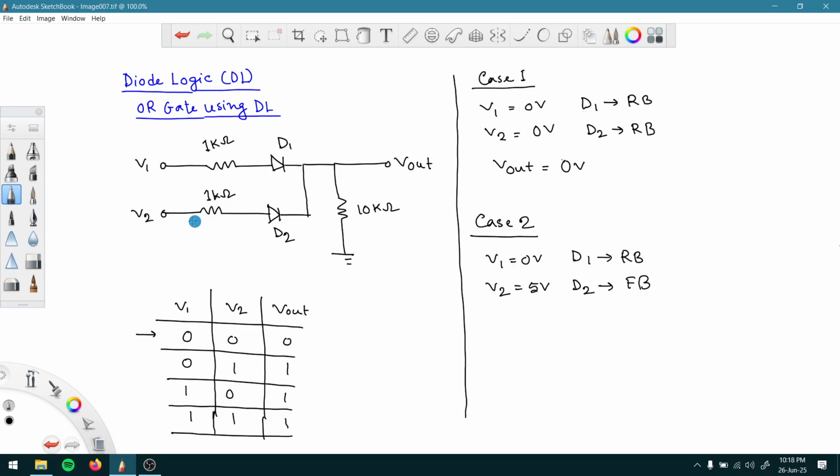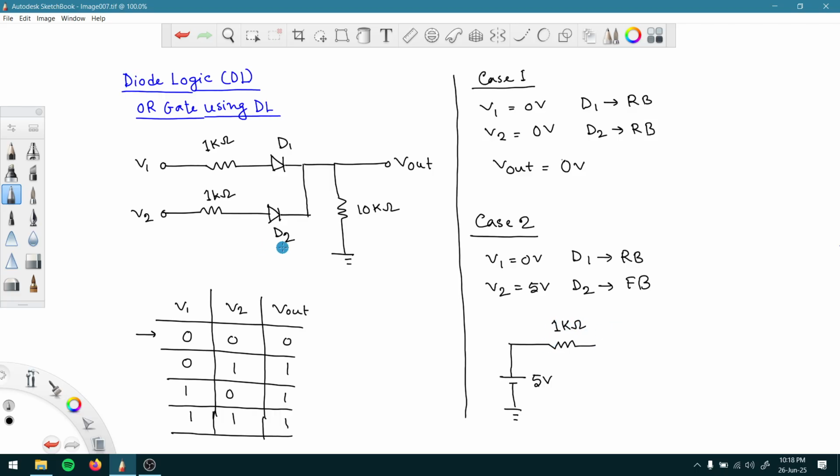We can just take the path of this one and write an equivalent circuit. First of all, we draw this voltage source, which is 5 volt, representing V2. Then from there we have this resistance of 1 kilo ohm.